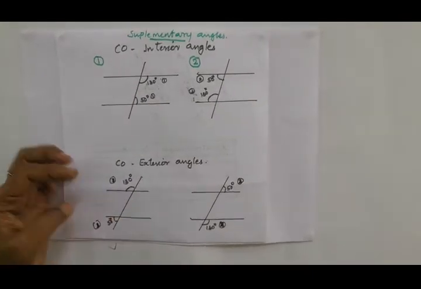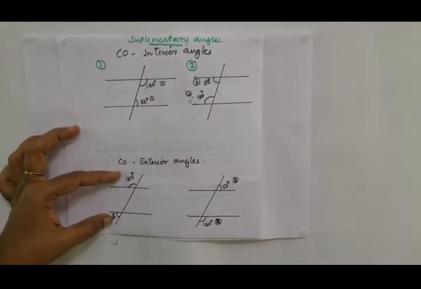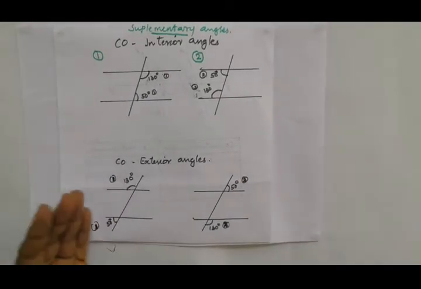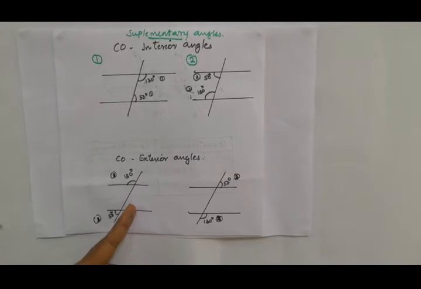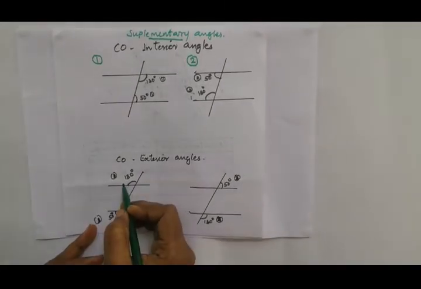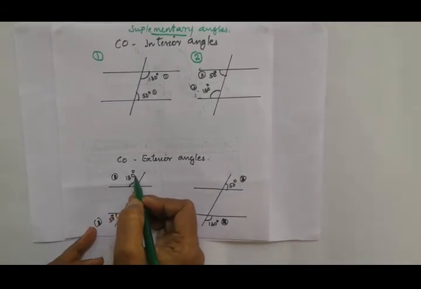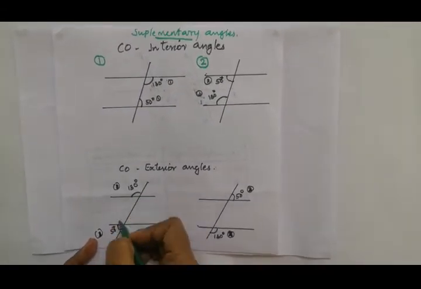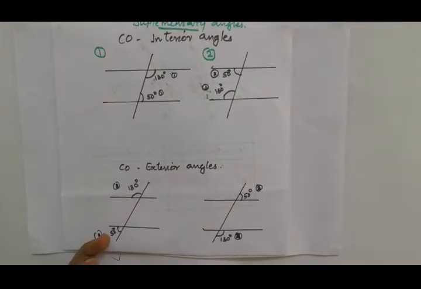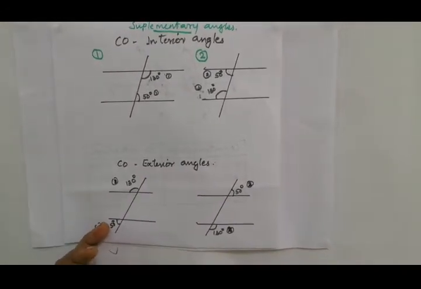Here there is a pair of angles outside the parallel lines, on the left of this slanted line. This is 50 degree and another angle is 130 degree. Here also the sum is 180 degree. Therefore these co-exterior angles are also supplementary angles.